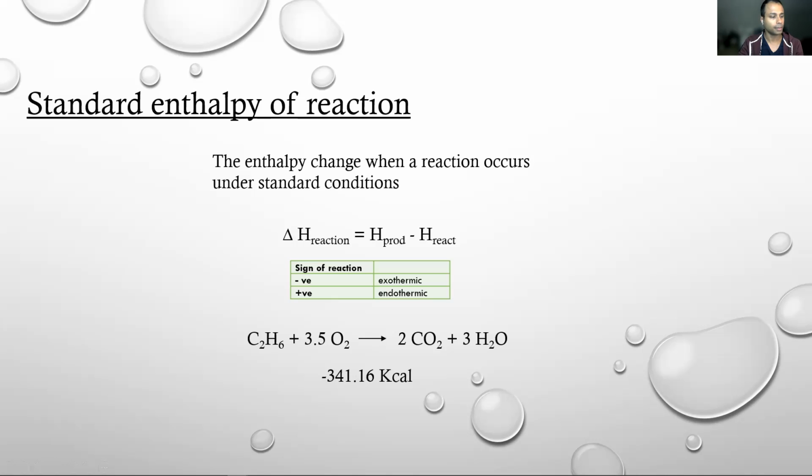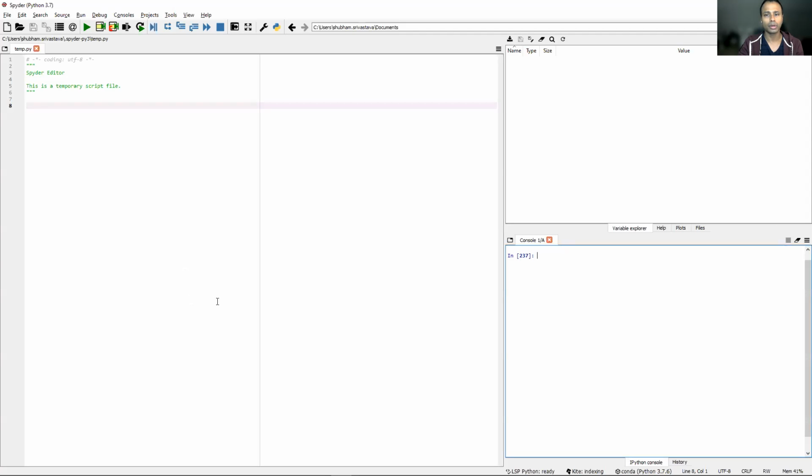I'll bring it up. And I think you already know by now how to start Cantera or start Spyder on Anaconda. So you go to the start menu, you look for Anaconda, and then underneath you will find the Anaconda prompt. Click on Anaconda prompt, and then say conda activate and the name of the environment that you've set.